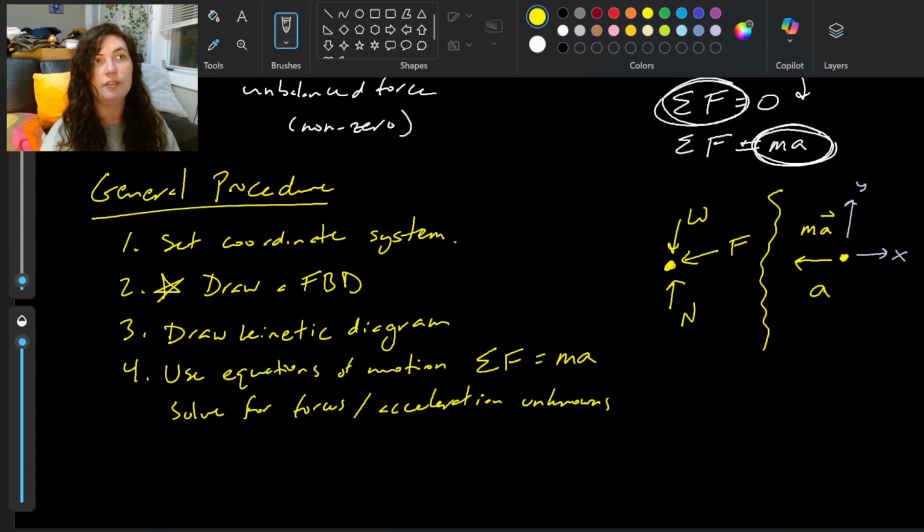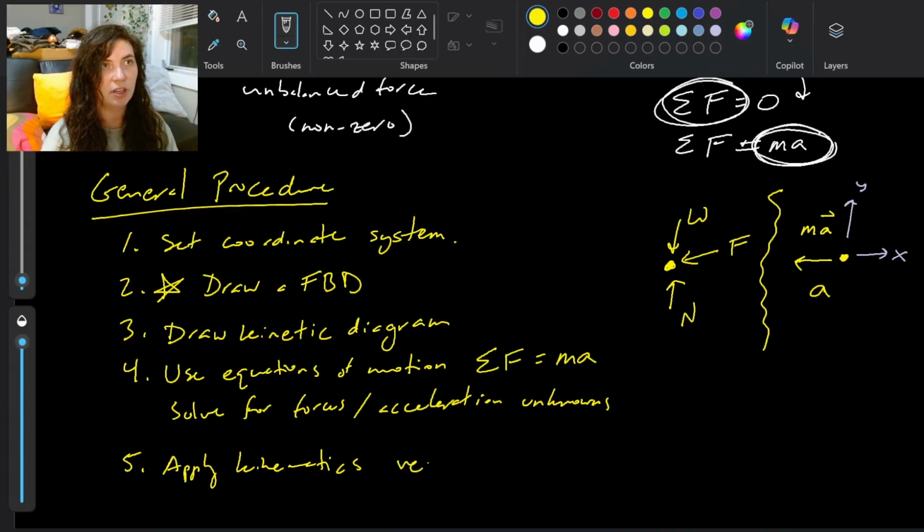And then finally, if we can't get enough information from what we have so far, we can always go back to our kinematics that we've discussed. So that was all of chapter 12 in our Hibbeler book. Here we can apply the kinematic equations to find anything else that we need.